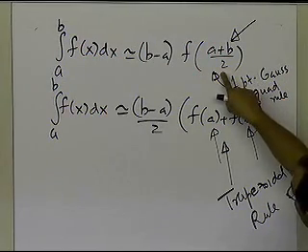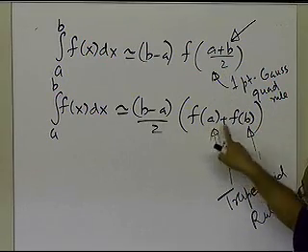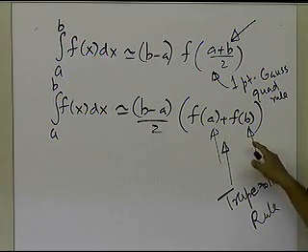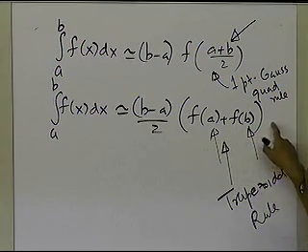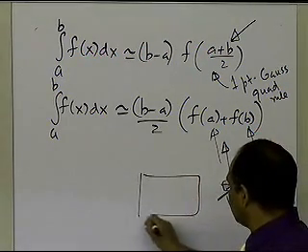But here you're only calculating the value of the function at 1 point, and here you're calculating it at 2 points. This is a very good example of why the Gauss Quadrature rule is more popular than the trapezoidal rule, because for almost half the computational time, you're getting the same accuracy as the trapezoidal rule by using the 1-point Gauss Quadrature rule. And that's the end of this segment.